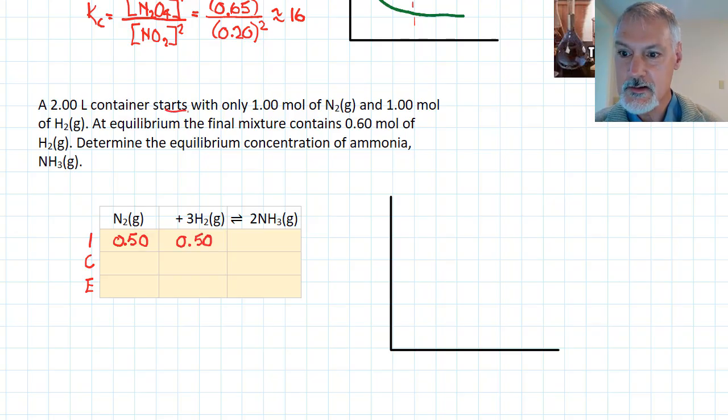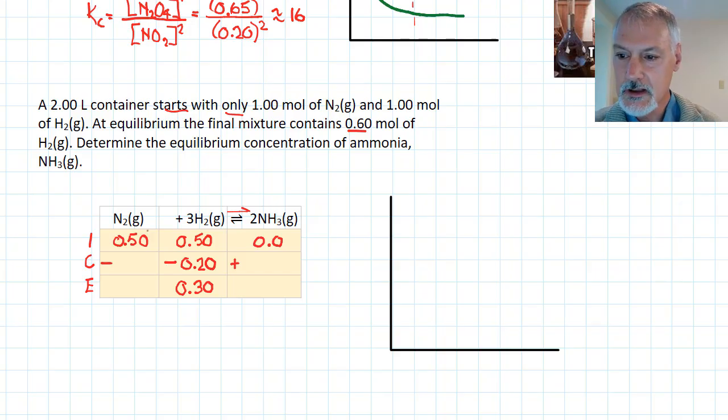And it starts with only these two, so I can make an assumption here that there was none of this present. At equilibrium, 0.6 in the 2-liter container of hydrogen. So this now has reached 0.30. So I can see that this species has gone down, suggesting the reaction went forward, making ammonia and using up that. The change here would be 0.2.